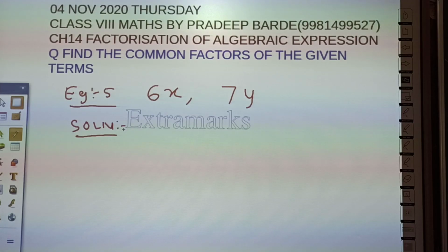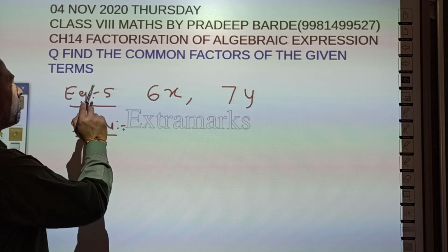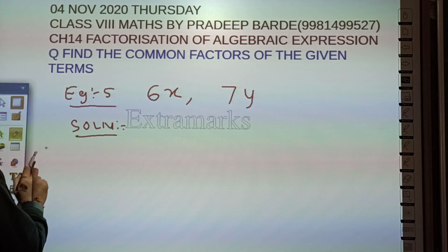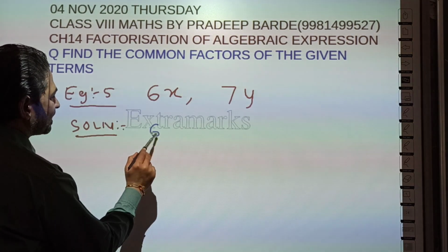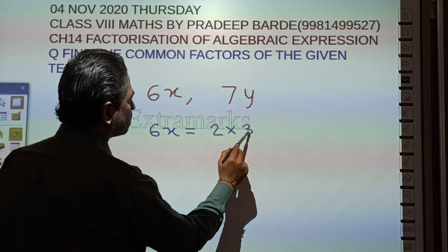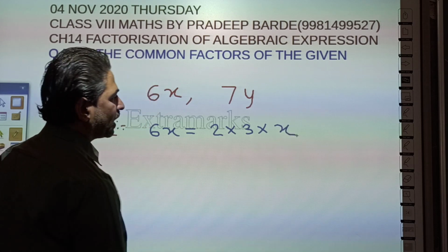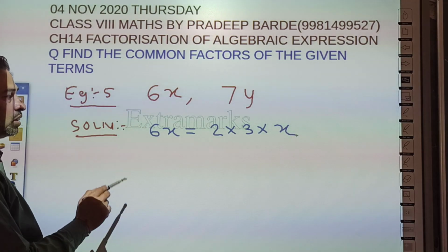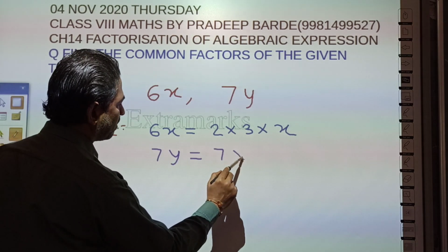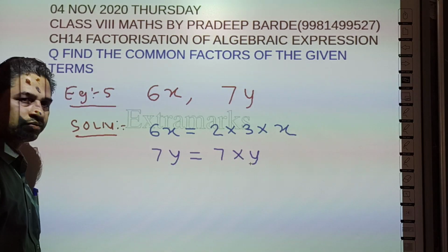Okay students, the next question is: find the common factors of 6x and 7y. Now let's see. 6x is 2 into 3 into x. 7y is 7 into y.